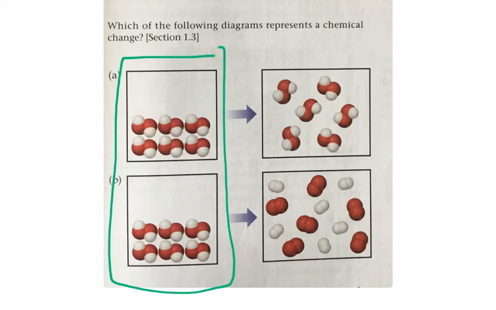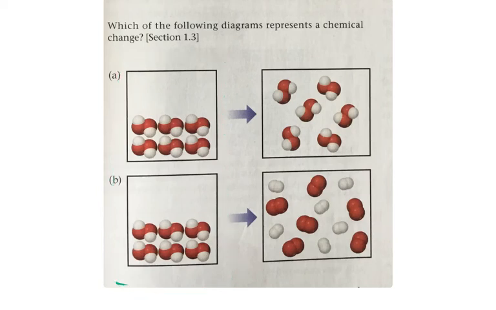Now, you need to look at the containers on the right, and you need to ask yourself, what is the difference between the container on the right and the container on the left in each case? So if we look at A, take a second and think, how does the container on the right in part A seem different than the container on the left?